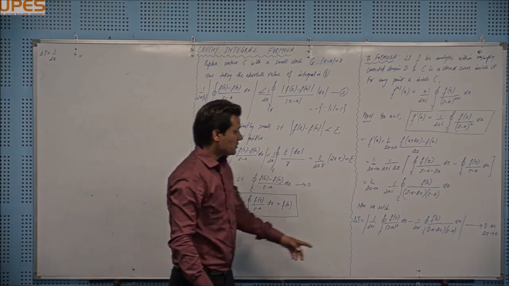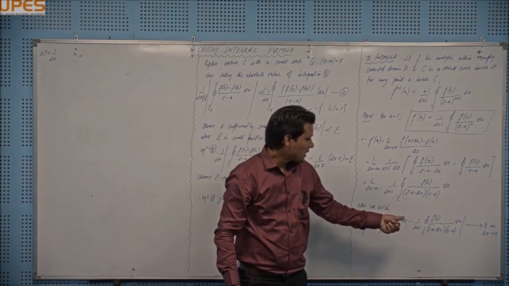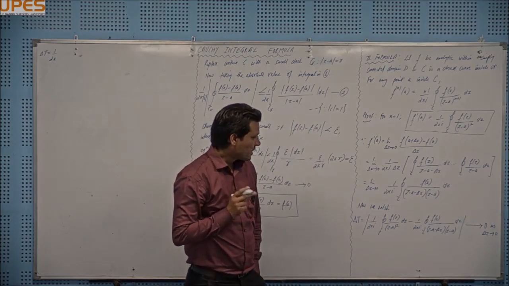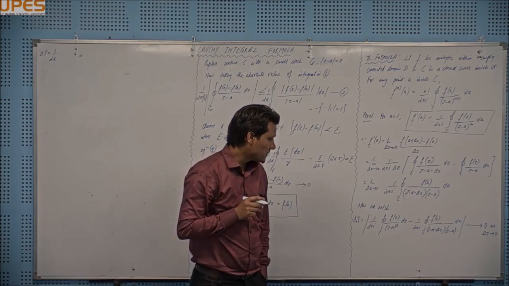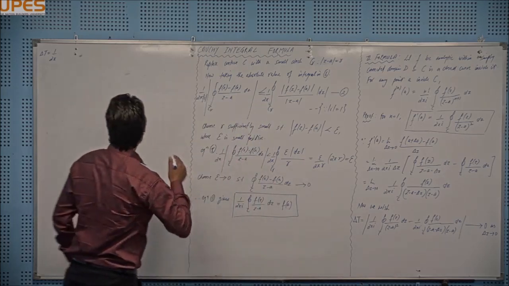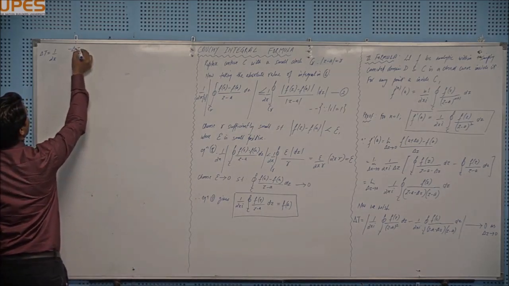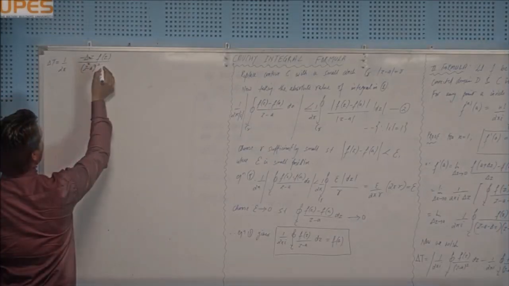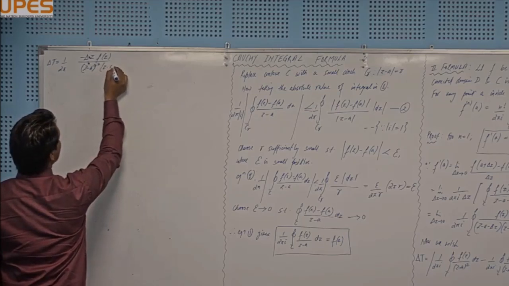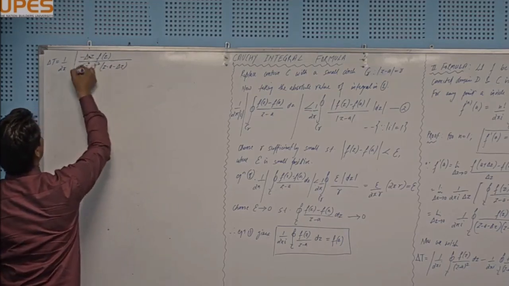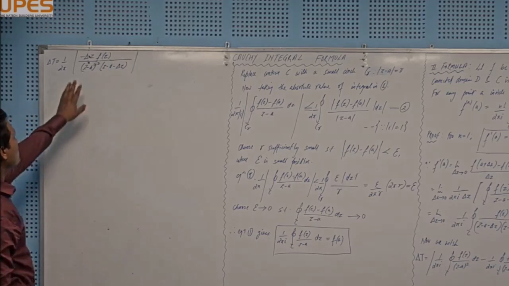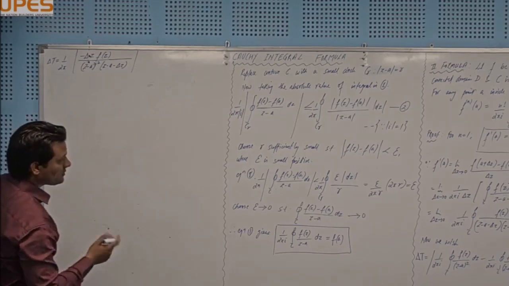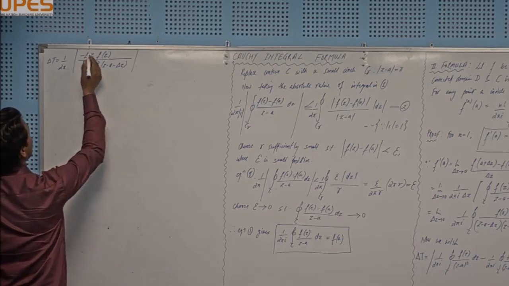Taking the LCM of these two terms gives z minus a squared multiplied by this, and f(z) times (z minus a) minus delta z f(z) remains, with the denominator (z minus a) whole squared times (z minus a minus delta z). Due to the modulus sign, the negative becomes positive.